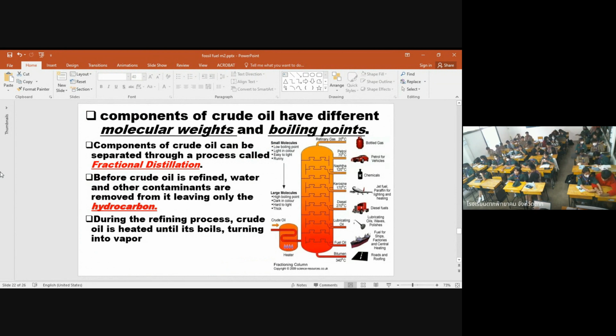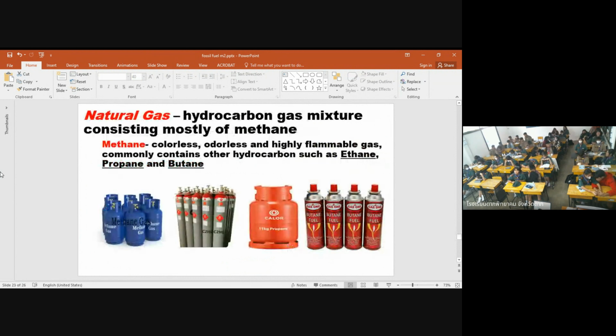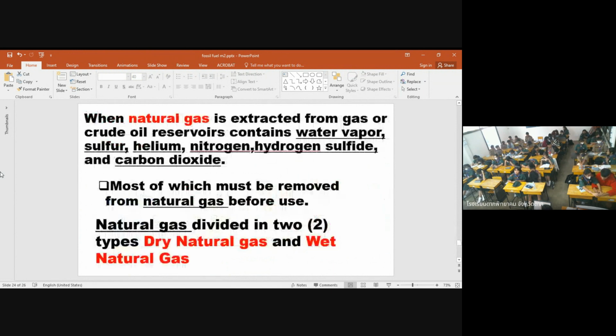So this picture we call your fractional distillation. And natural gas is divided into two types: your dry natural gas and your wet natural gas.